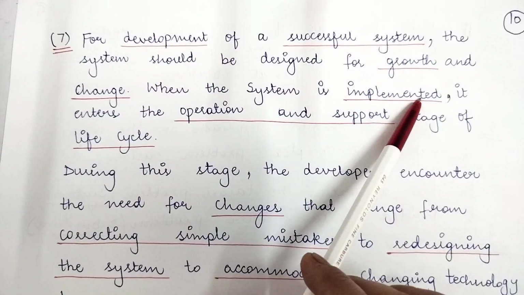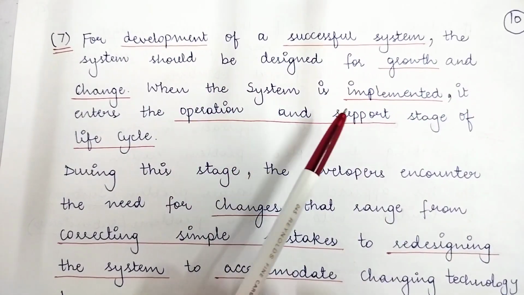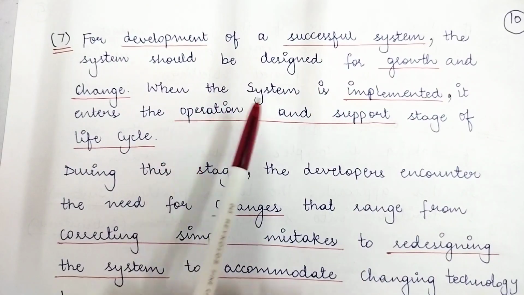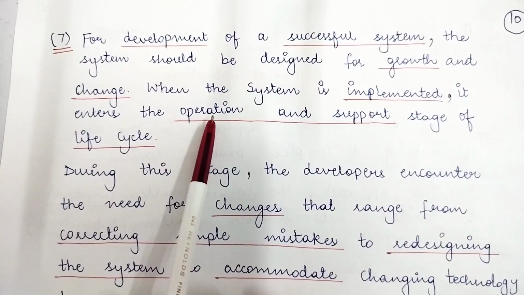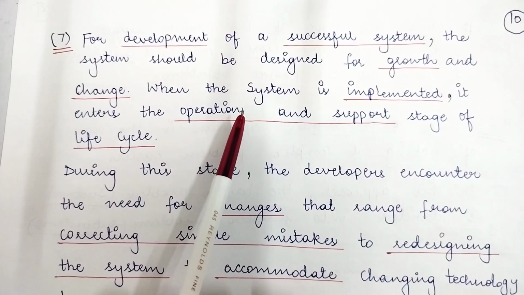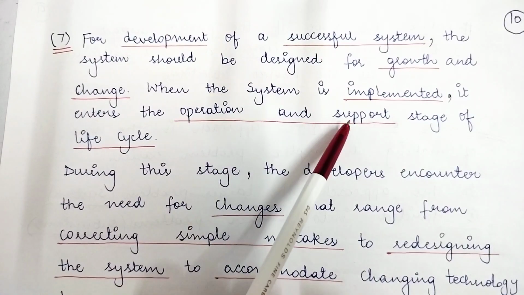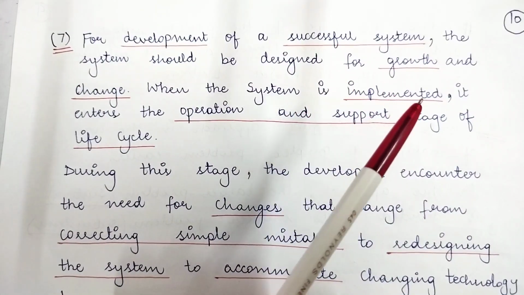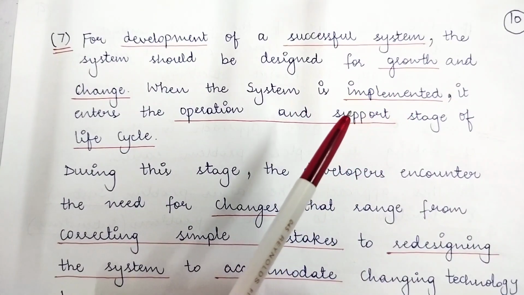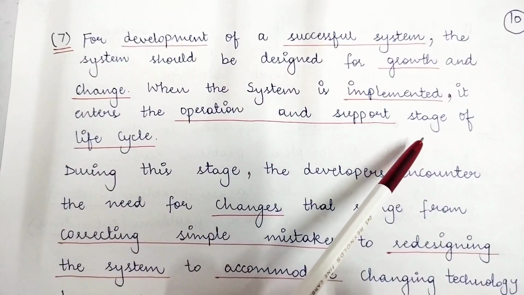When the system is implemented, it enters the operation and support stage of life cycle. Finally, when you are implementing the system, it is entering the operation stage wherein you will be finally operating the system, and support stage wherein you will be continuously maintaining the system with the changing requirements of time and environment.